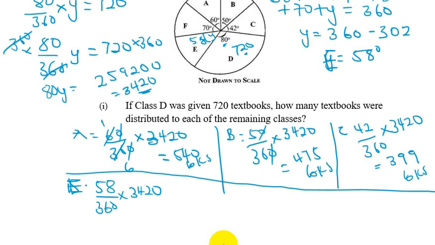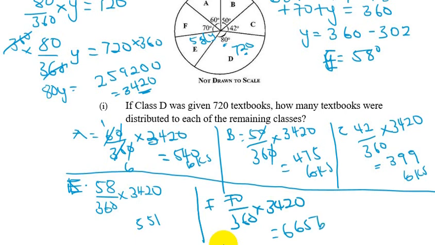So that is 551. And our F is 70 over 360 times 3420, and that is going to give us 70 times 3420 divided by 360. Then that's going to give us 665 books.